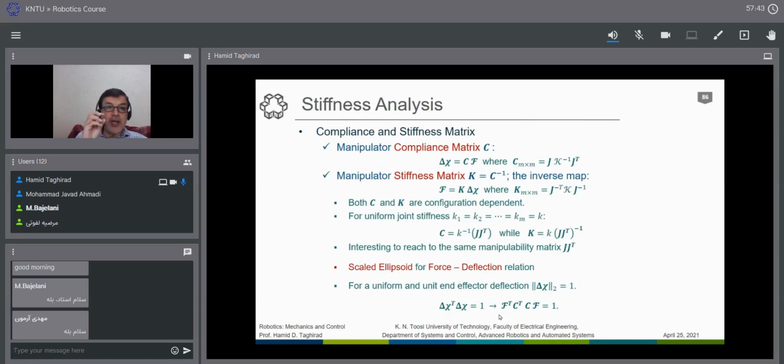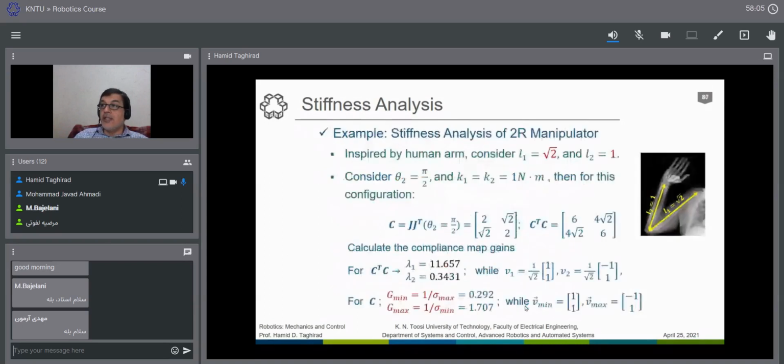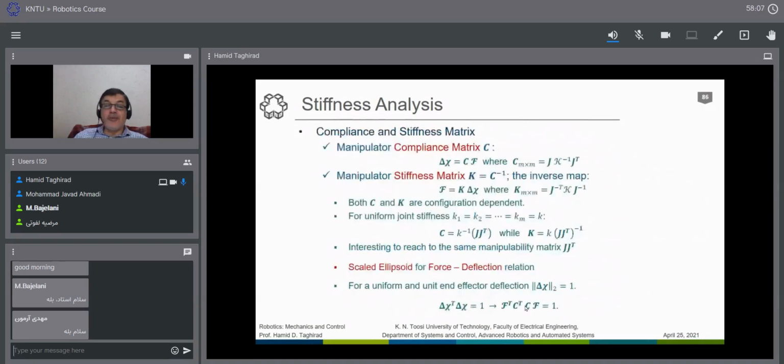Consider that we would like to have all deflections in the joints equal to 1, all together. What would be the force, in which direction, and the amount of the force, or the wrench, better to say, on the end effector that will cause this? How would the relation between the forces be in here? And you can see that this could be completely considered in a system like before.